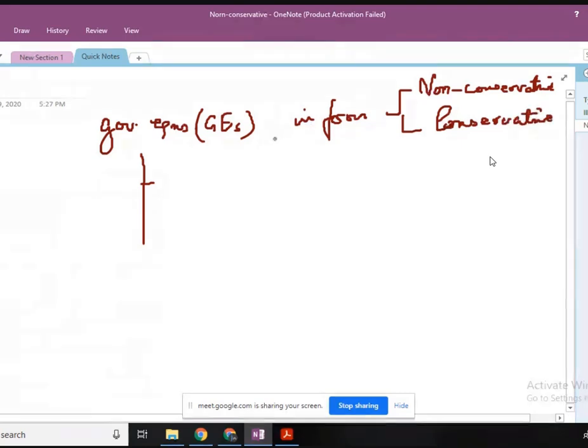I told you the governing equations could be of non-conservative nature or conservative nature. And I told you yesterday what is meant by conservation and what is meant by non-conservation.